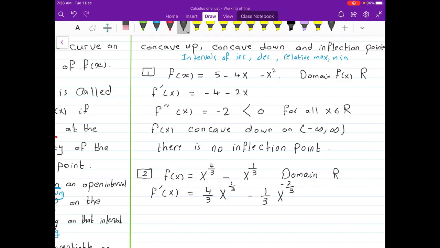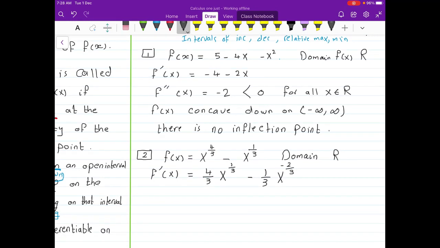From f prime, you can study the intervals of increasing, decreasing, the max and minimum. Now, our aim is to find the intervals of concavity. So, find f double prime of x by differentiating. This is equal to 4/9 x to the power 1/3 minus 1, which is -2/3, minus 1/3 times -2/3, which gives 2/9 x to the power -2/3 minus 1, which is -5/3.